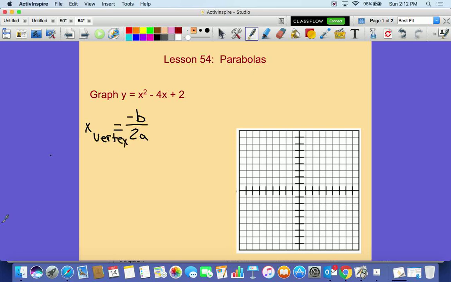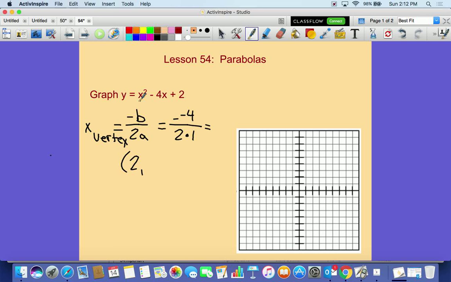Alright, so if we look at this equation, y equals x squared minus 4x plus 2, we know that our b value is negative 4 over 2 times our a value of 1, which would give us an x value of 2. To find our y value, we plug that into the equation.